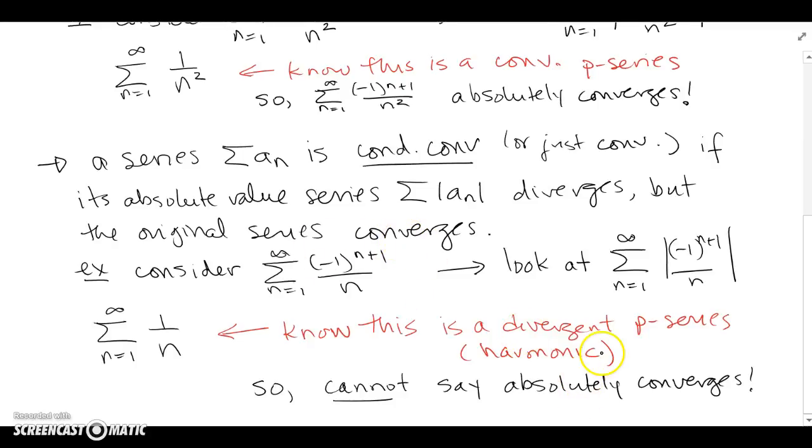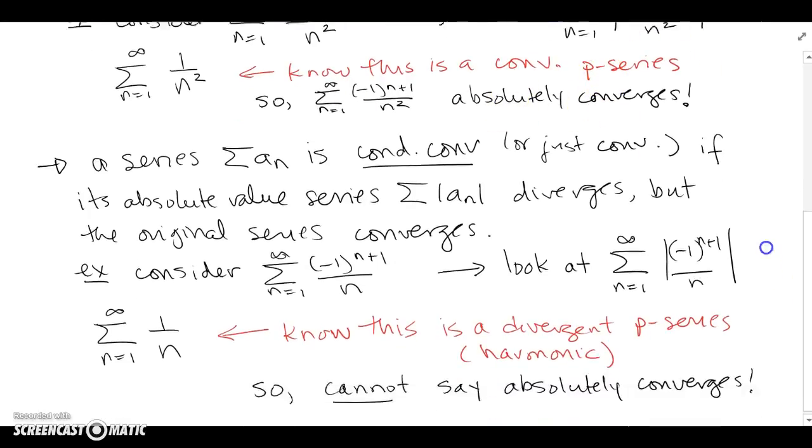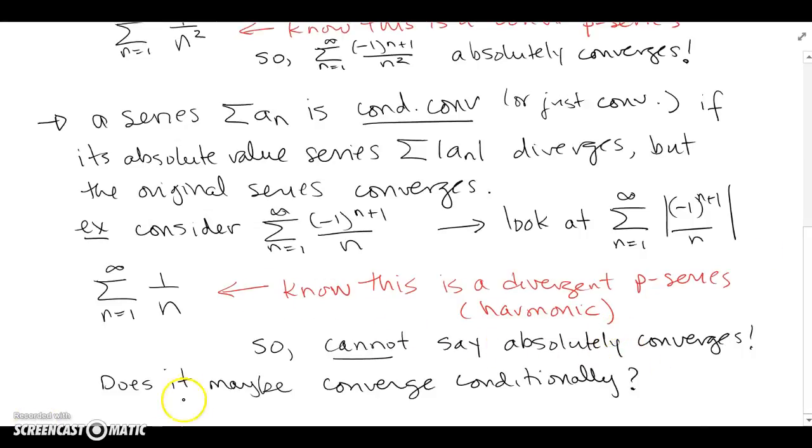Unlike the previous example, where I was done after taking the absolute value, here I conclude that this does not have absolute convergence. So I ask, does it maybe converge at least conditionally? To answer that, I have to go back to the original series and see what happens there.